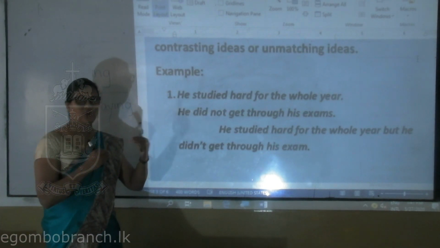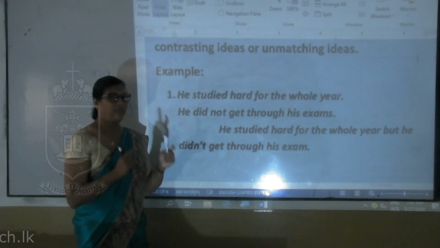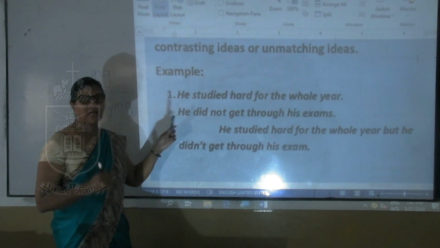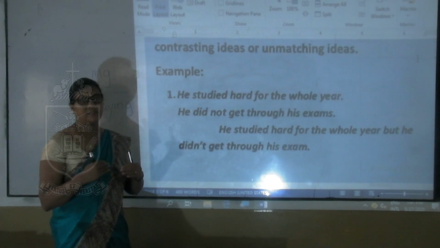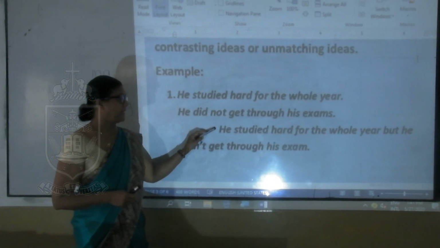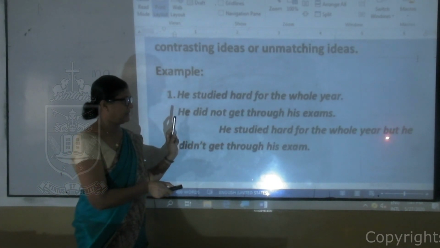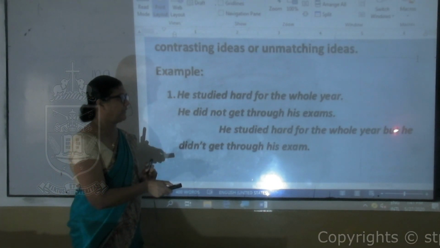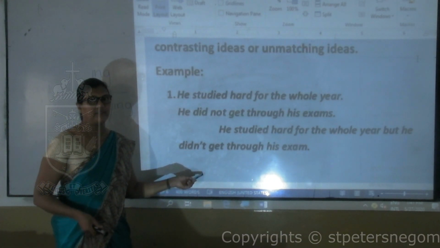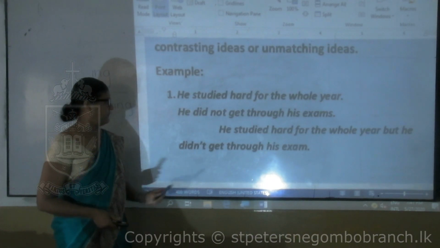So we can join these two sentences by using the word but, because these two sentences are contrasting, different, not matching. Like this. He studied hard for the whole year, but he didn't get through his exam. He failed the exam. I think you are clear of it.